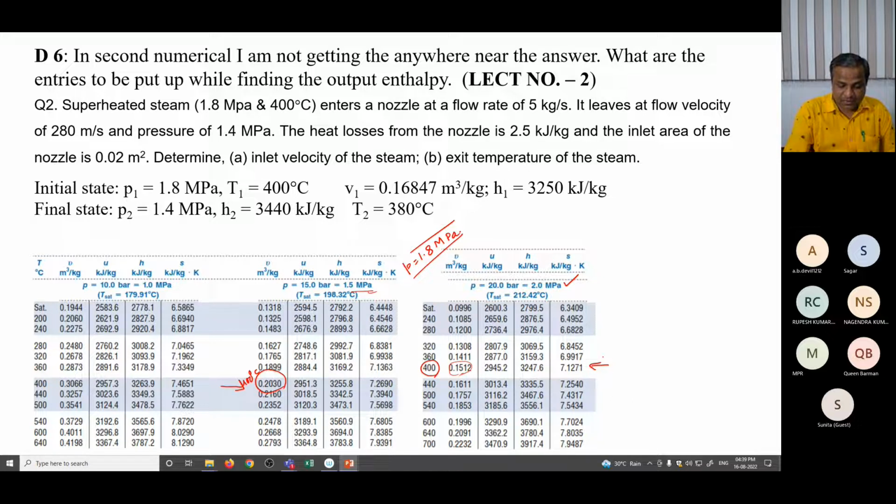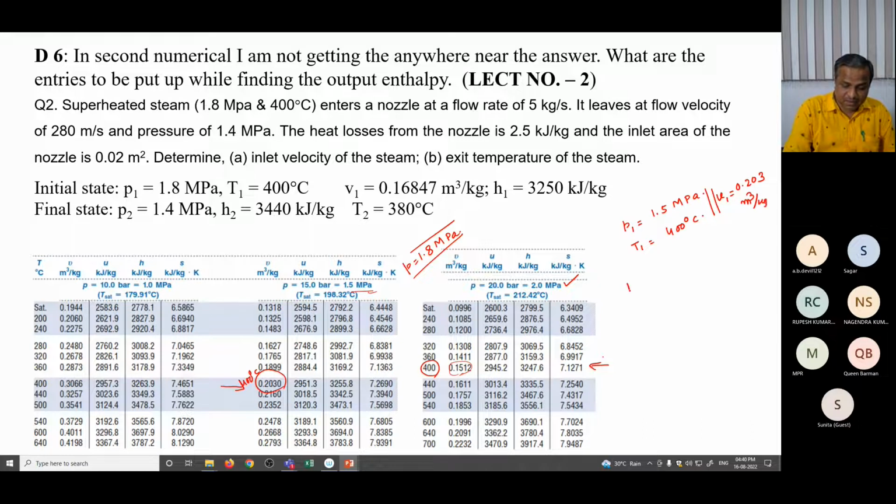So for example, if you say P1 is 1.5 megapascal, T1 is 400 degrees centigrade, this will give you v1 as 0.203 meter cube per kg.